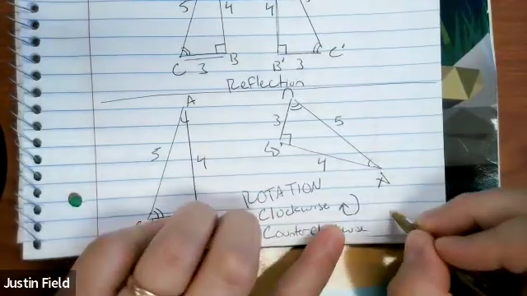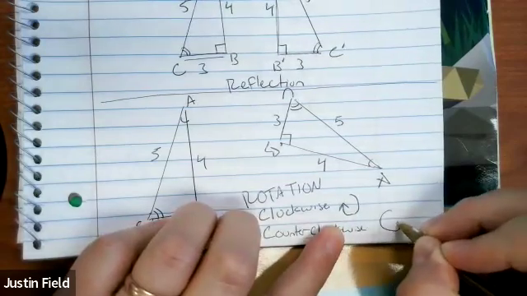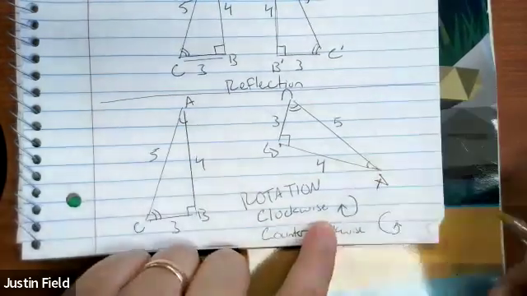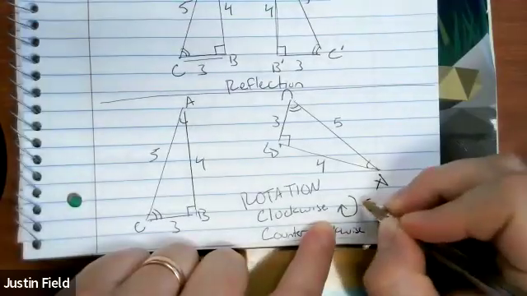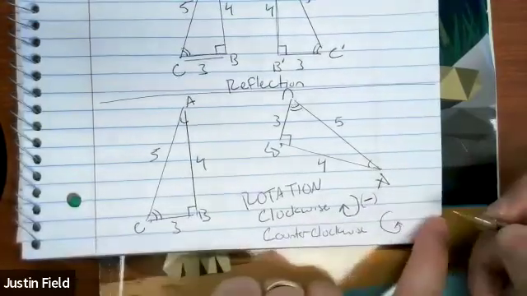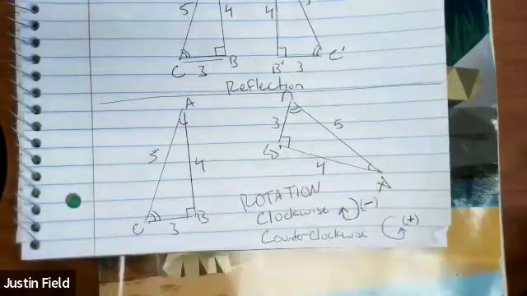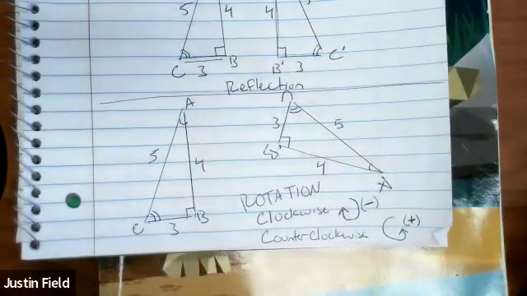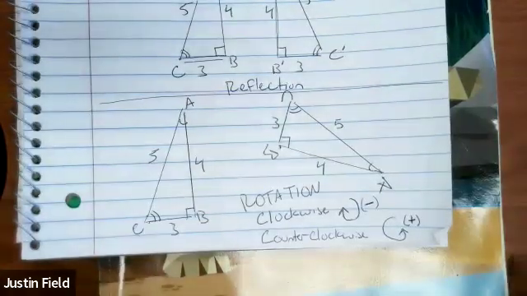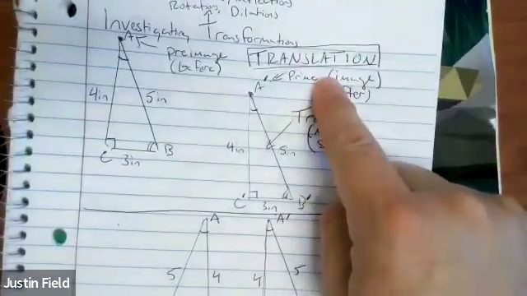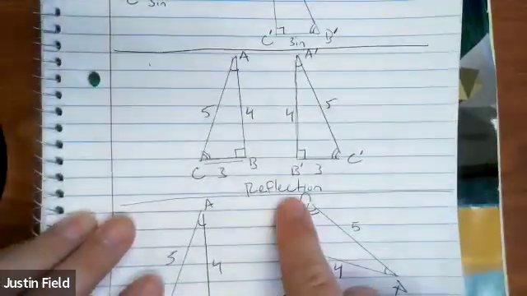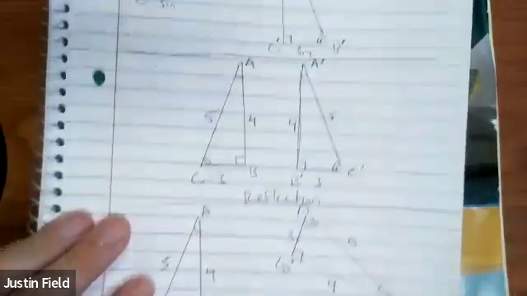If you look at the clock and you go in the other direction, and clockwise is usually a negative degree measure, and counterclockwise is usually a positive degree measure. But more on that when we talk about rotations in particular. And this week is just about identifying, is it a translation, a reflection, a rotation, or a dilation?